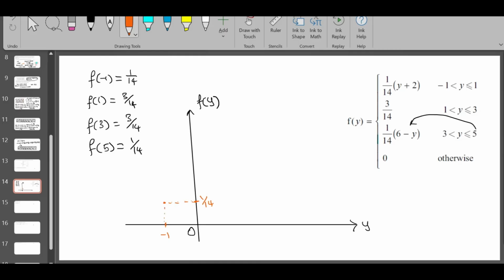From 1, let's say 1 is here, it goes up to 3 over 40. And then the 3 over 40 continues till 3. This is 3. This is 1. And then from 3 to 5, it's a line with negative slope. So it comes back to this point.